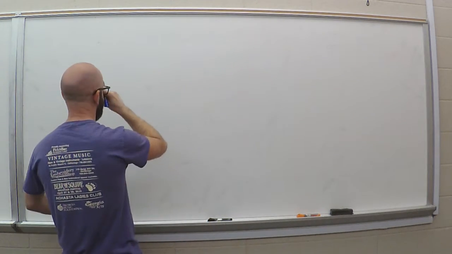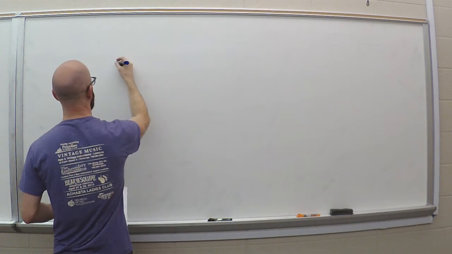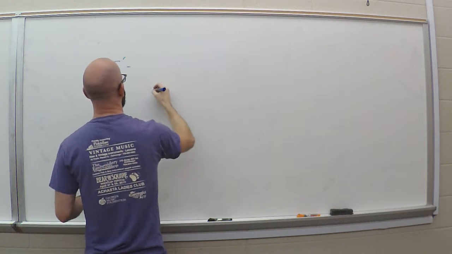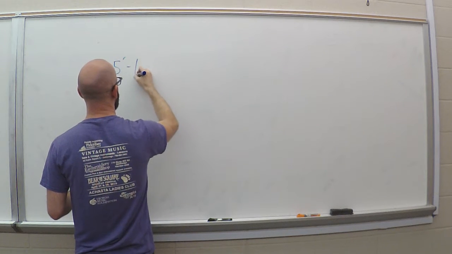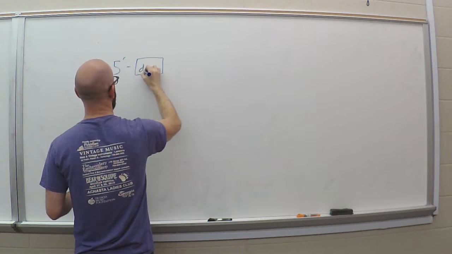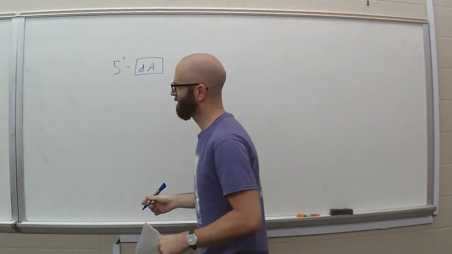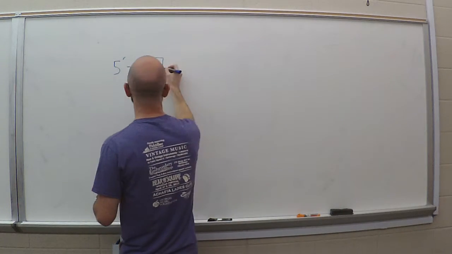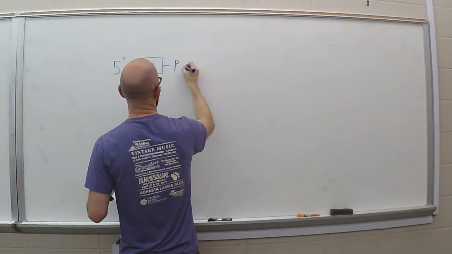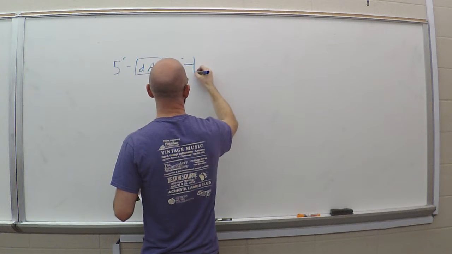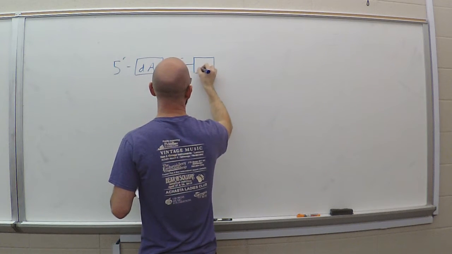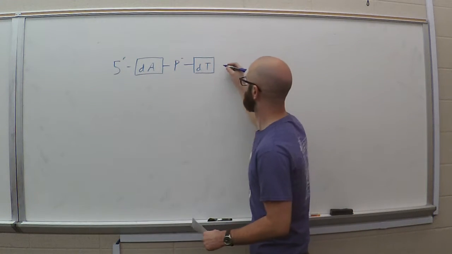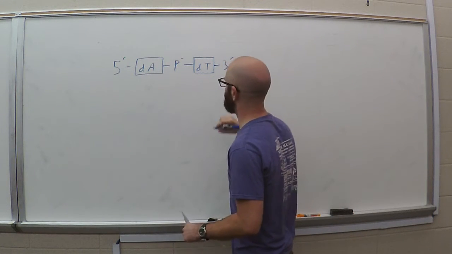So let's say you've got a strand of DNA that goes 5', and then you've got deoxyadenine, right? That's just an adenine. And then a phosphate group. And then deoxythymine. And that's the end of the line, right?